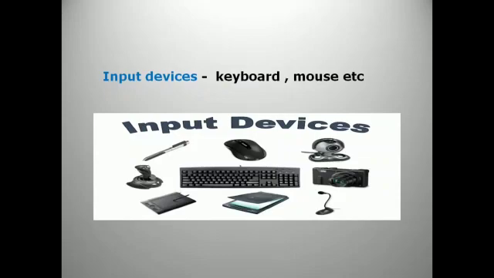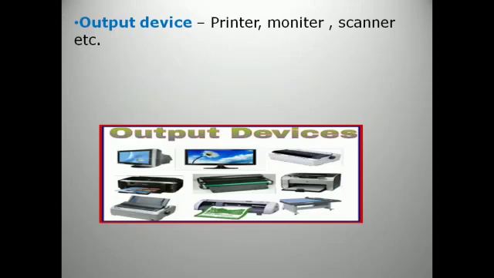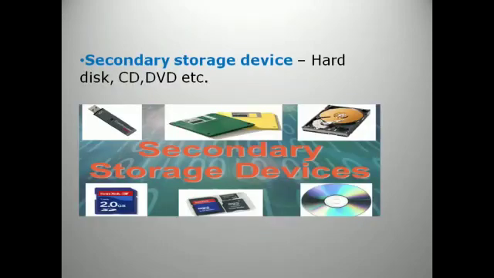Input devices, devices like keyboard, mouse, microphone, are all input devices. Output devices: printer, monitor, scanner. Secondary storage devices: hard disk, CD, DVD. It is used to store data permanently.